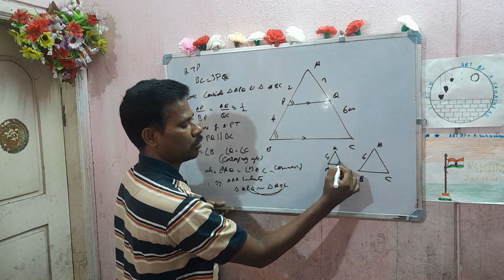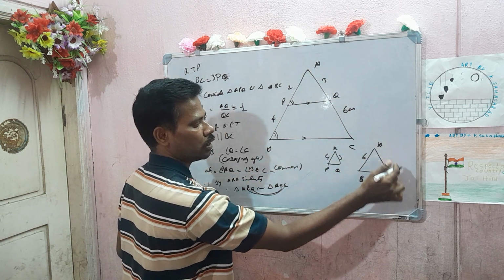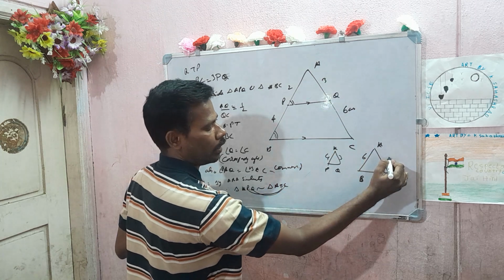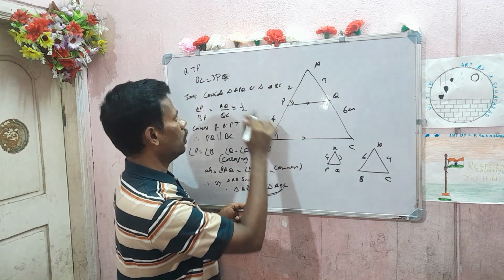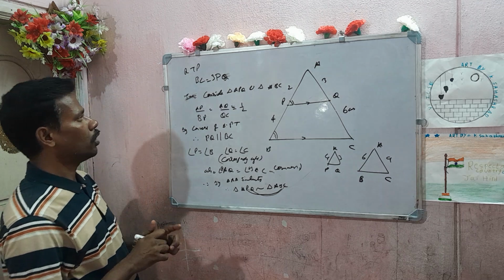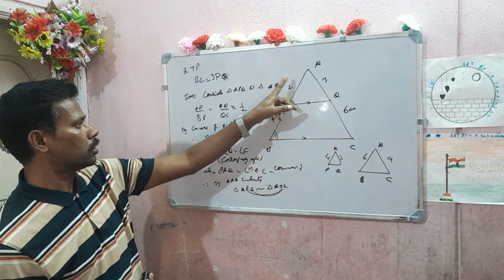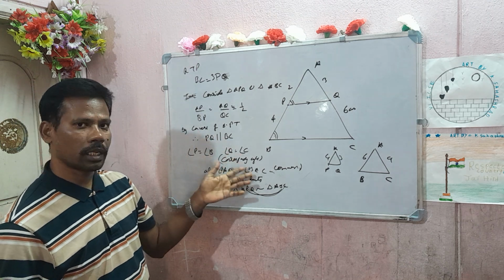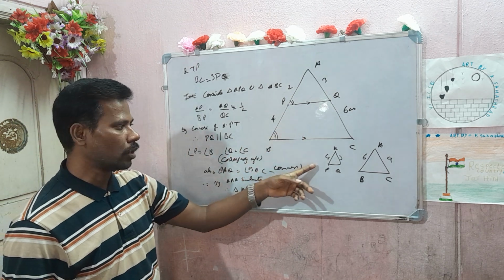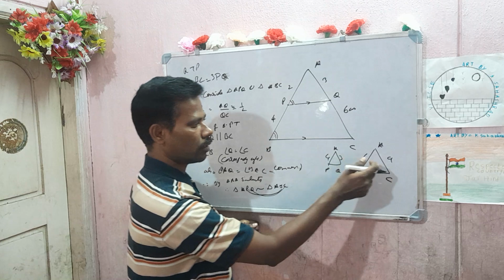What is the AQ length? 3. What is the AC length? 6 plus 3, 9. Until here, any doubts? Very simple. We consider this triangle and take the ratio, and by the converse of BPT, the triangles are similar. And now I drew the subdiagram.